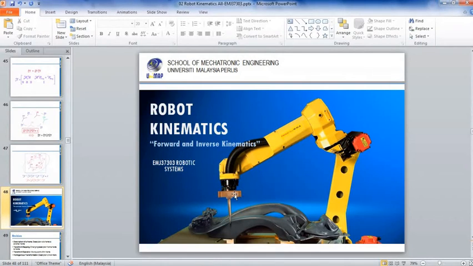We imagine at this frame, at this NOA frame, the gripper frame.